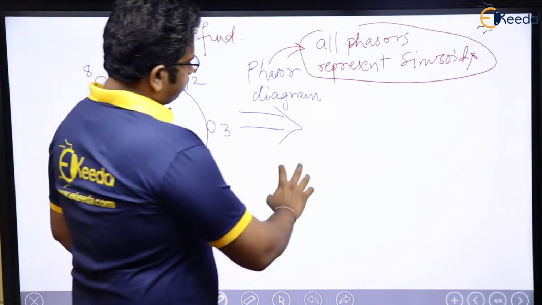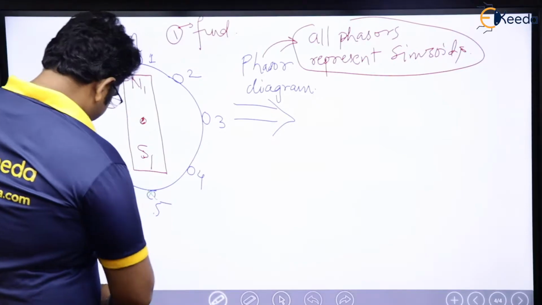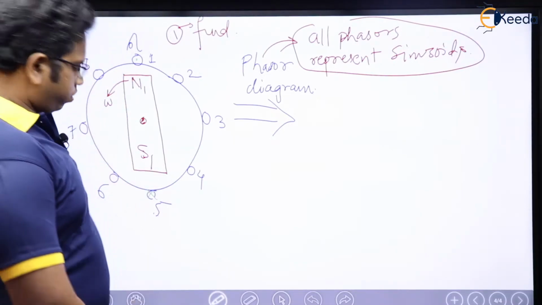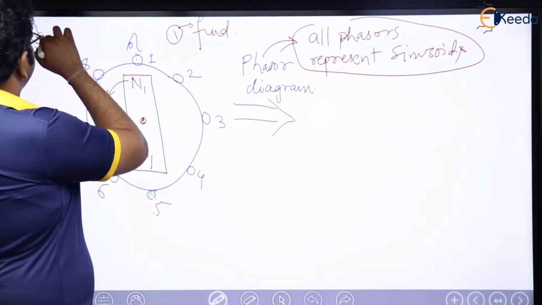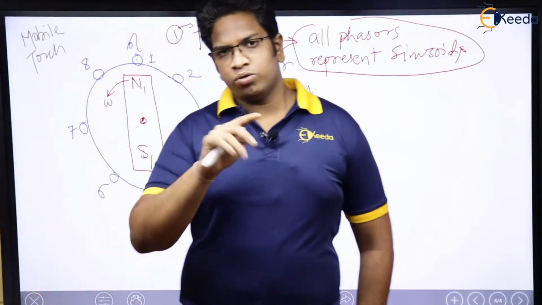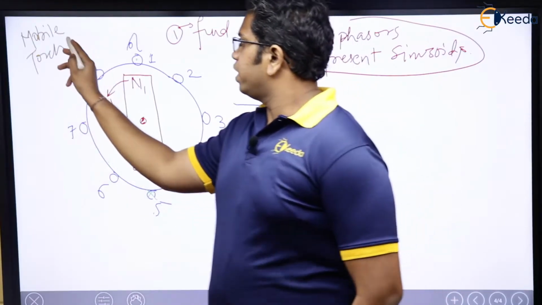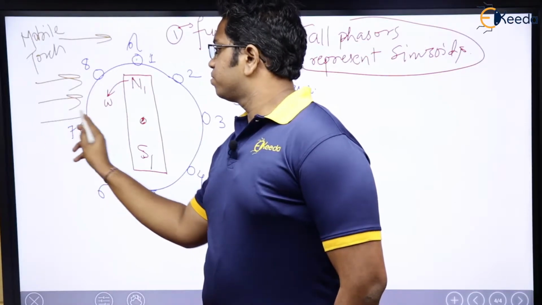Anyway, see here. Let us think of the phasor diagram. Now this is very important. Focus. Let me consider a mobile torch. Turn on the torch from here. What is going to happen? Light rays will come this way, right?